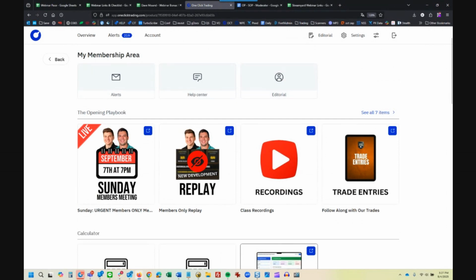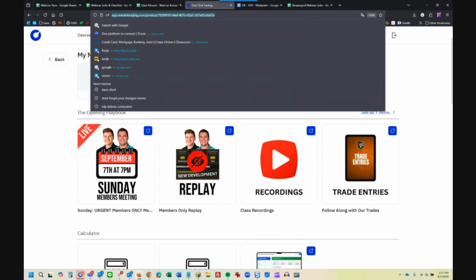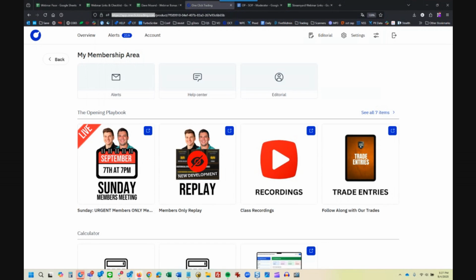All right. So again, you won't be able to get into it unless you're in the One Click Trading members area. The URL for the members area, Steve, is app.oneclicktrading.com. You'll need a login, so you have to have some membership to be able to log in.